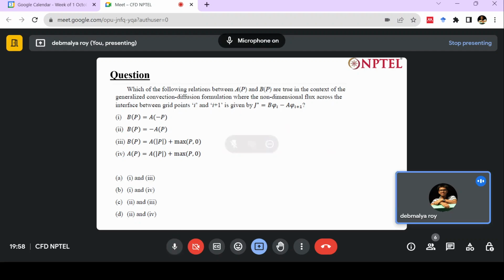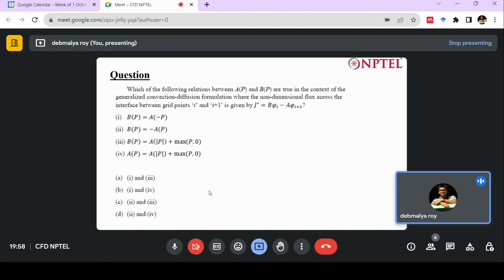Oh sorry, I was muted. Is the first one correct? B minus P is equal to A. So what do P and minus P signify in this case? This basically signifies the change of direction of the flux that we are talking about.